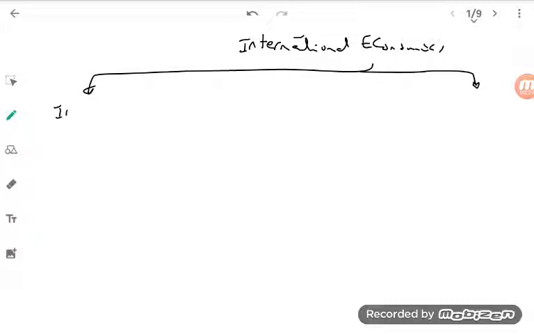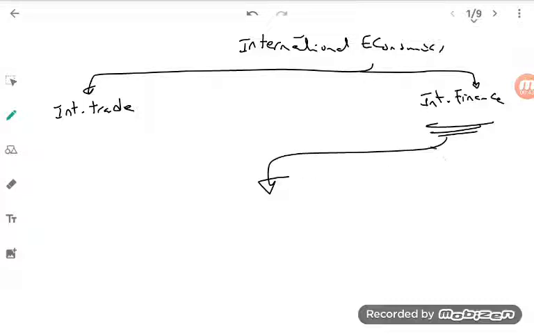At the beginning of our course, we said that international economics is divided into two main branches: international trade, or foreign trade, and international finance. Today we are going to start with the international finance part. We are going to study two main topics.